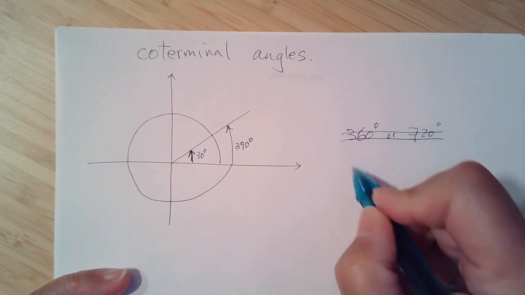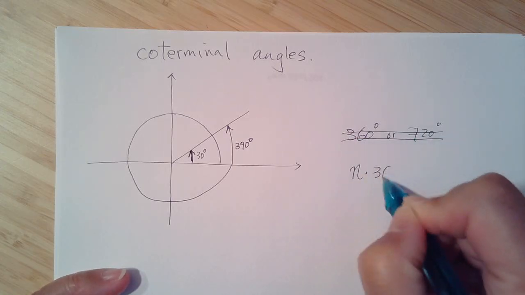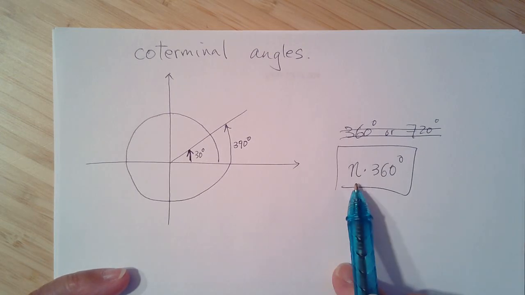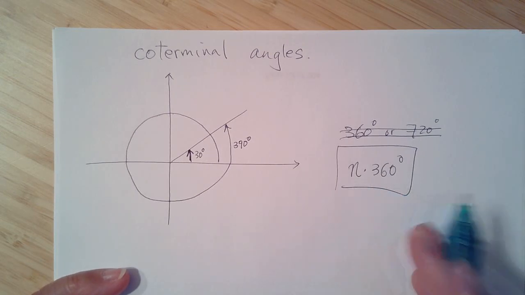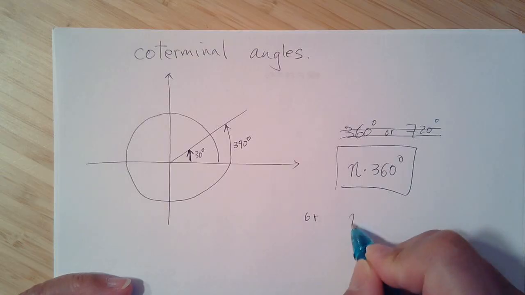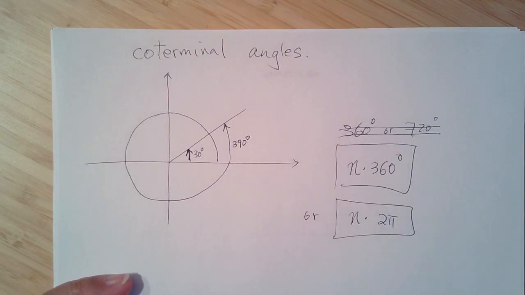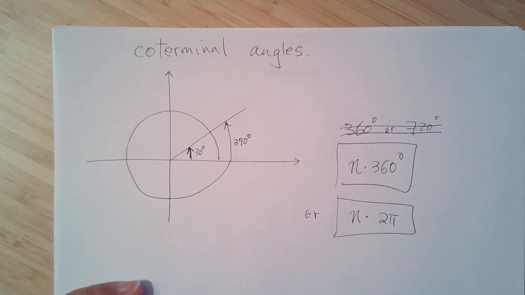So it's going to be n times 360 degree. The difference between their measurements must be a multiple of 360 degree, or n times 2 pi. This is when you use the radian as the measurement.